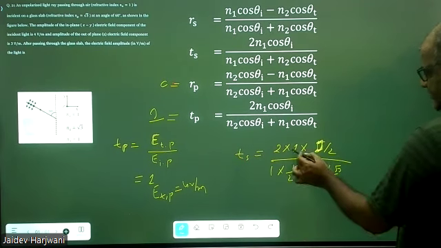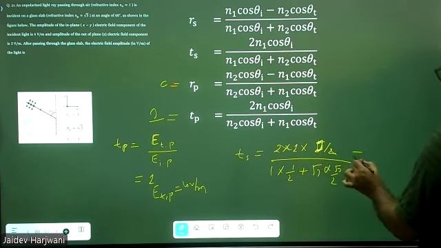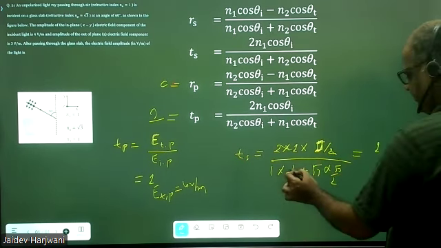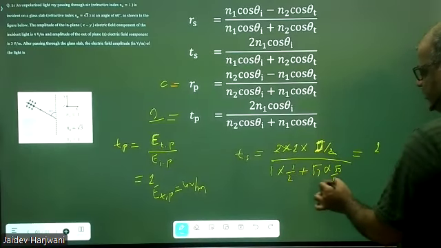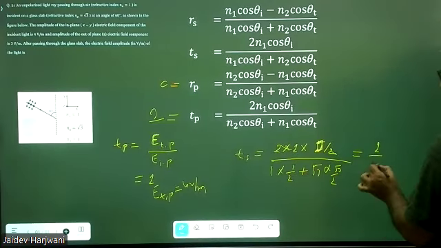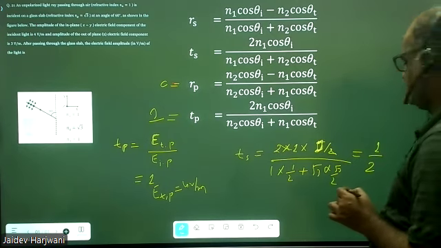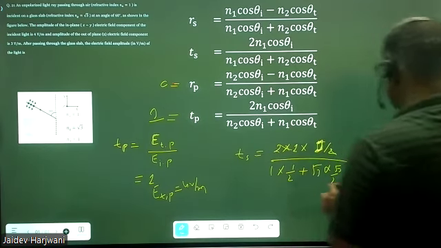So this becomes 1, and this becomes half and 3 by 2, so it becomes 2. So TS comes out half.